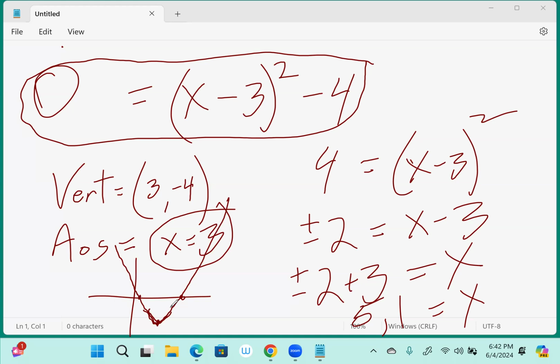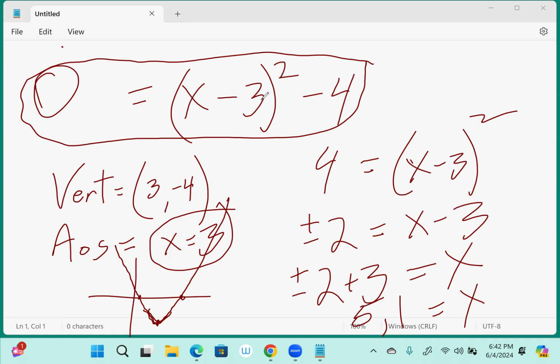They usually always ask you for 3 points. They'll either ask you for the vertex and the x-intercepts, or they might ask you for the vertex and the y-intercept. And the y-intercept is really easy because all you do is plug in 0 for x. In other words, if you recognize that the y-intercept means x is 0, plug in 0 for x, I know the y-intercept instantly is 5.